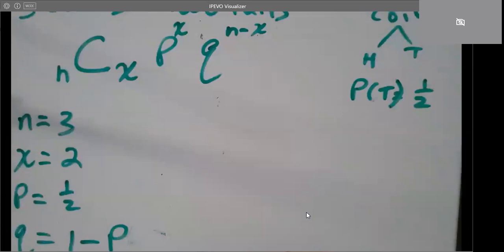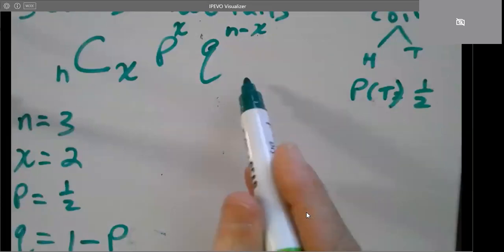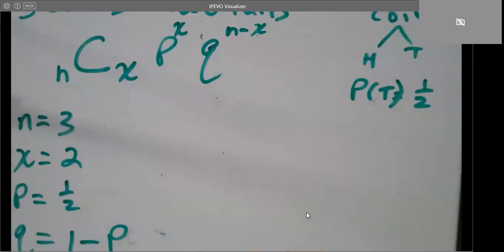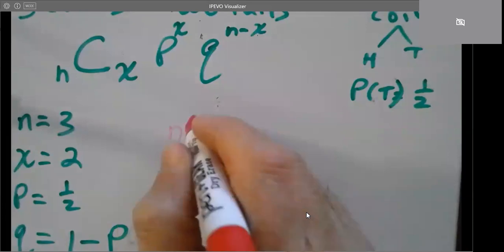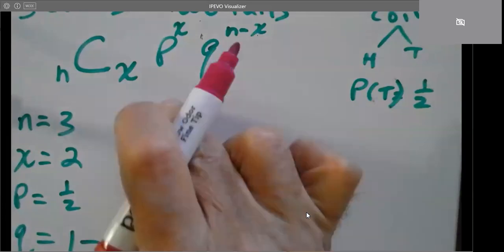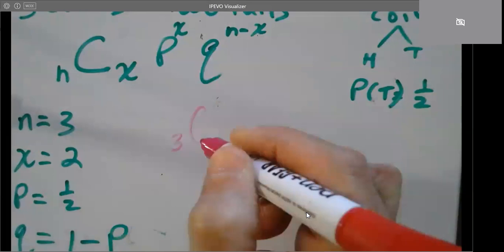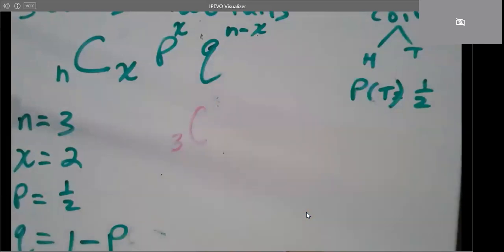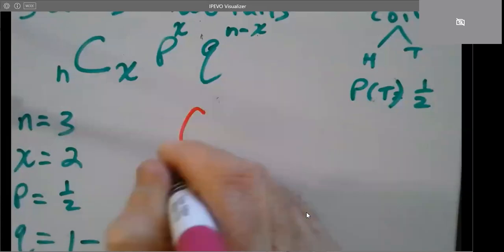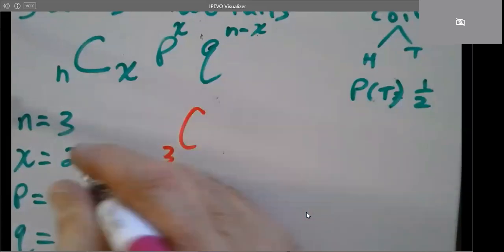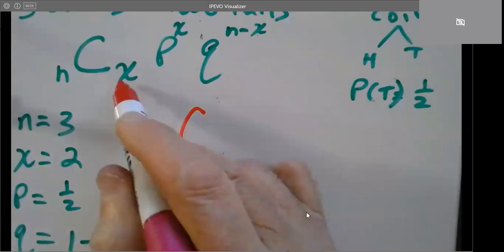So to put it in our binomial probability equation, we would write this as the combination of n taken x at a time. N we said was 3. Let me use the other pen, this one's drying out. Combination of 3 taken 2 at a time, because x is 2.